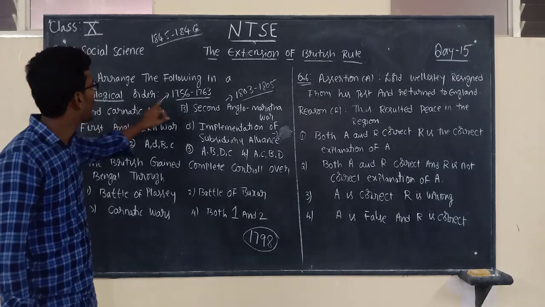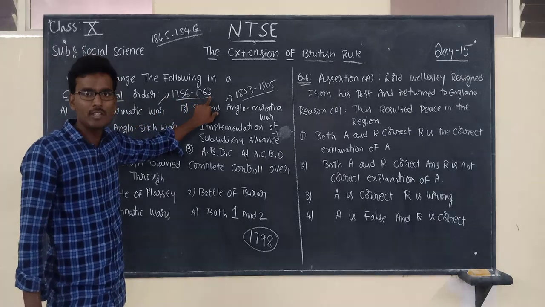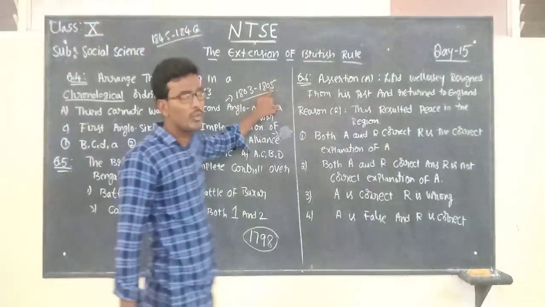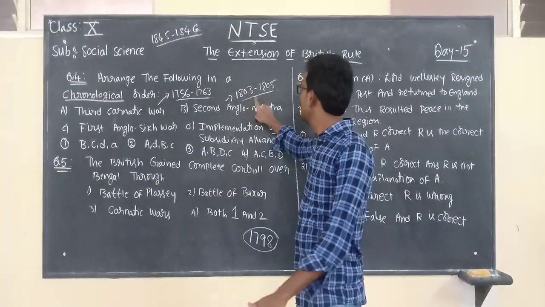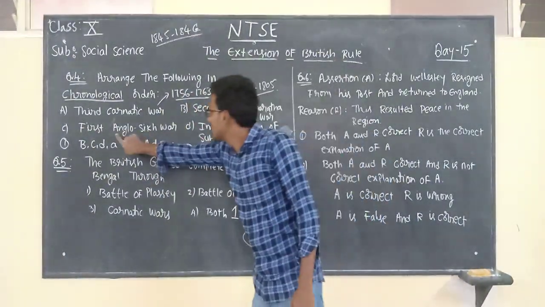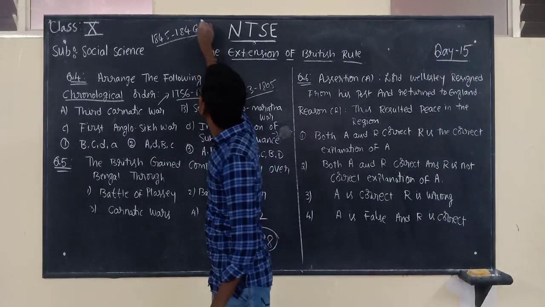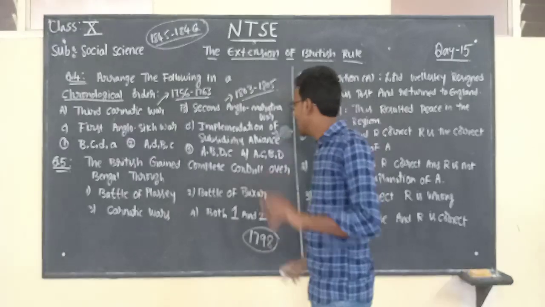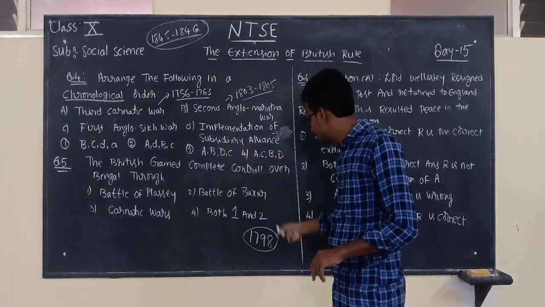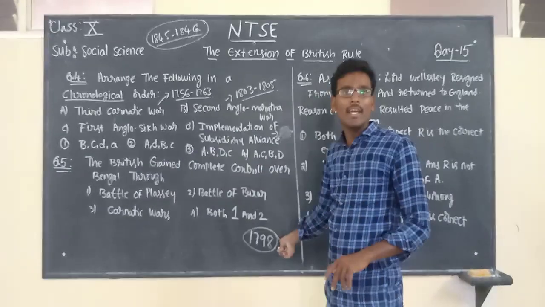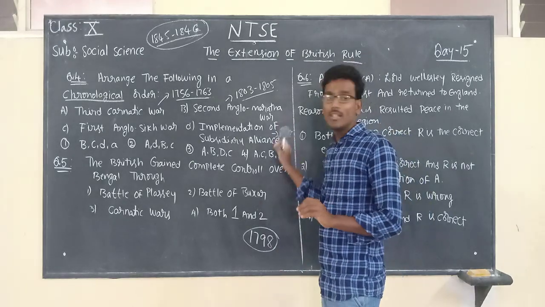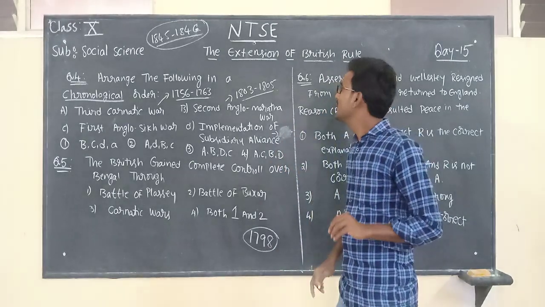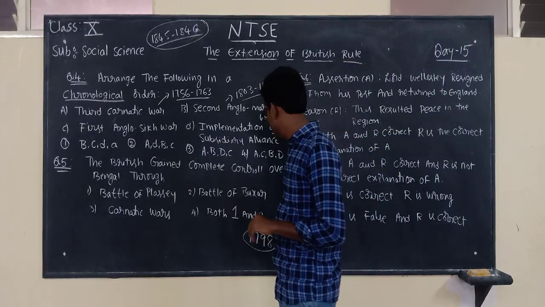Third Carnatic War, 1756 to 1763. Second Anglo-Maratha War, 1803 to 1805. First Anglo-Sikh War, 1845 to 1846. And subsidiary alliance, 1798. Now we know the years of each and every event.